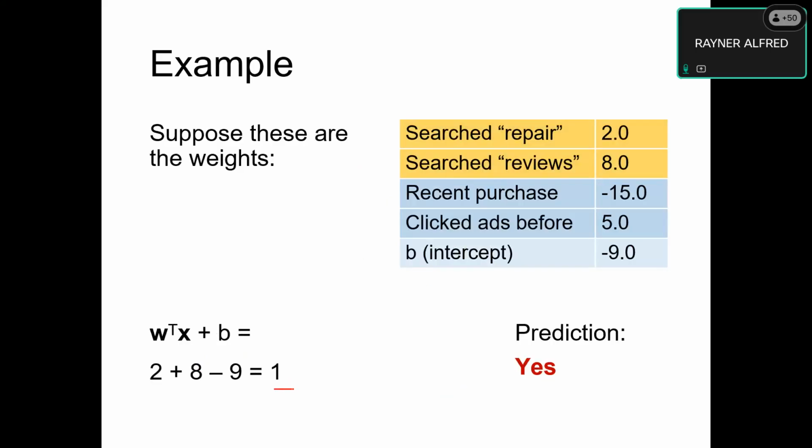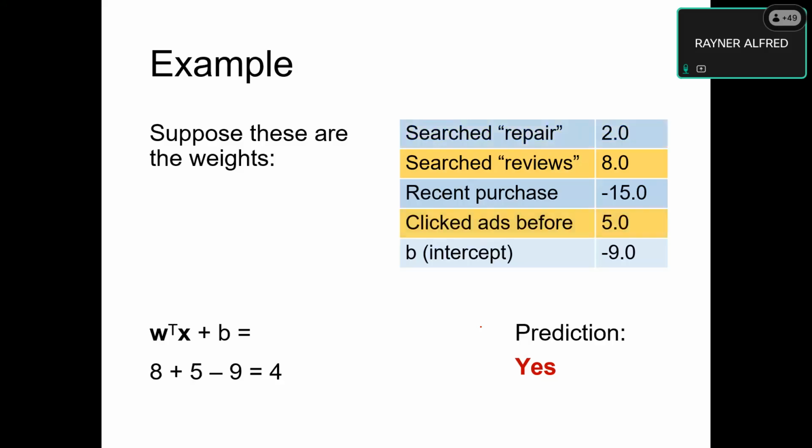So there is a high possibility that they will buy and they will click on the advertisement on refrigerator. Since this is a positive value, the prediction is yes. So that means we have 1, 1, 0, 0.